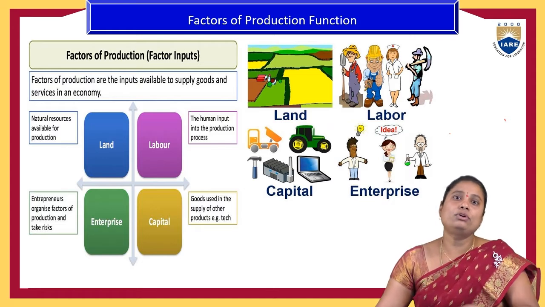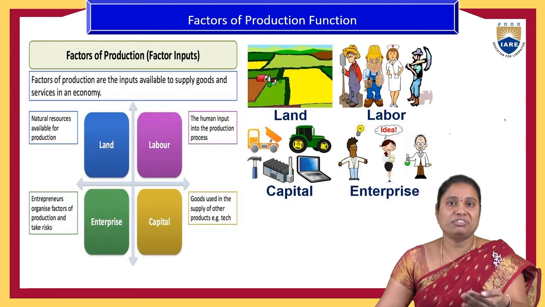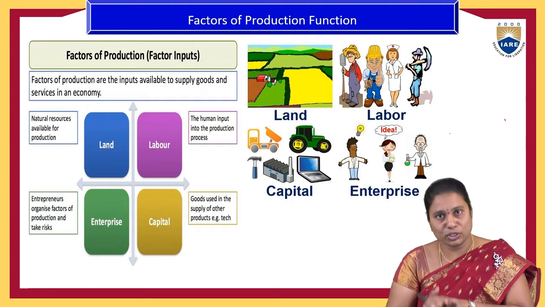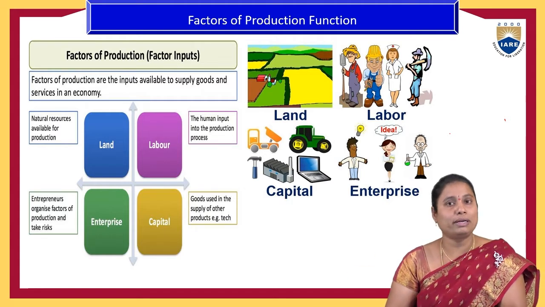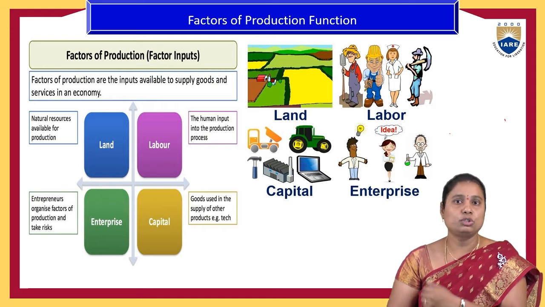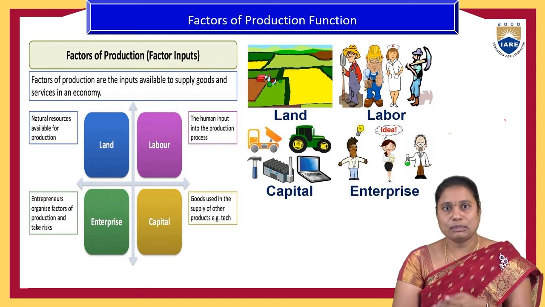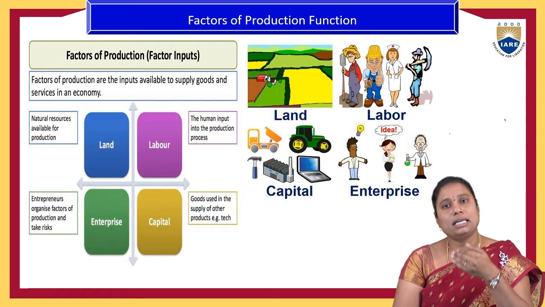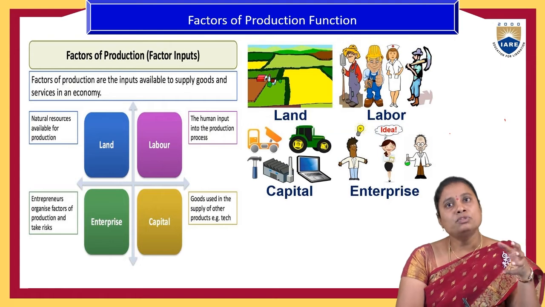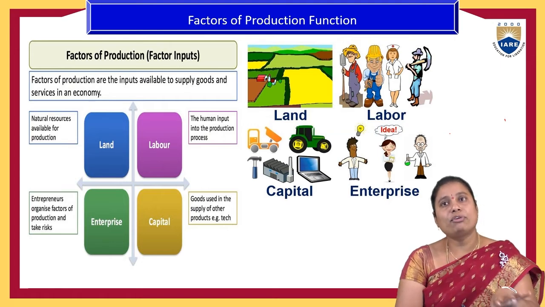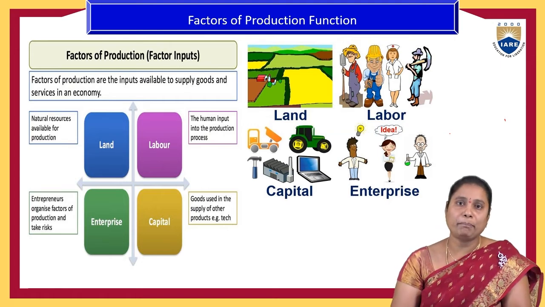If he is unable to invest that much capital, obviously the quantity of output might also be reduced. So not only these four, this includes technology and other supportive elements for the production. But mainly these four factors will have more impact on the production of a product.